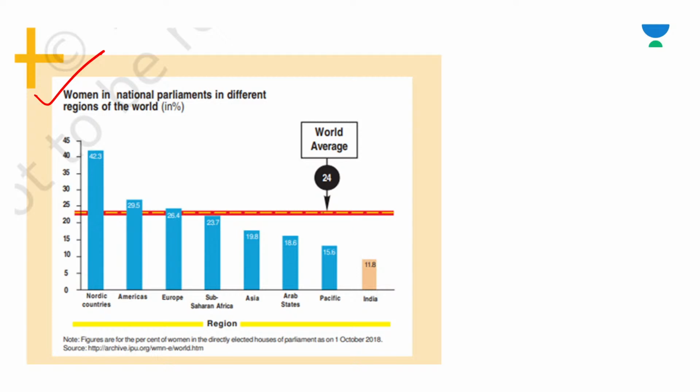So, the percentage of women representation in parliament: the world average is 24. Nordic countries, it's 42.3. Americas 29.5. Europe 26.4. Sub-Saharan Africa 23.7. Asia 19.8. Arab states 18.6. Pacific 15.6. India 11.8.